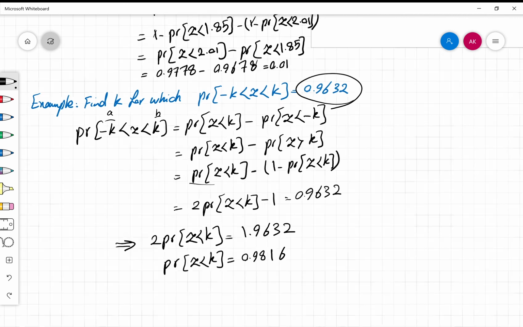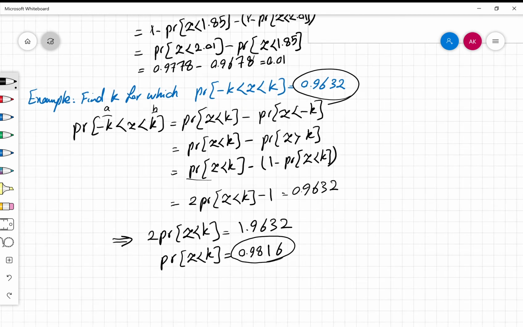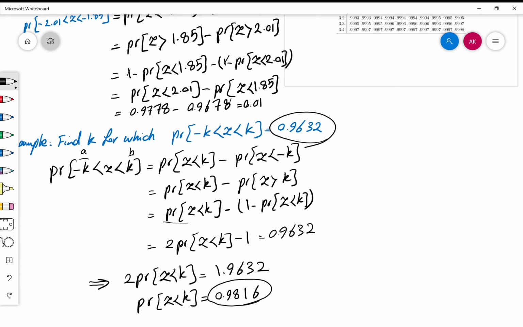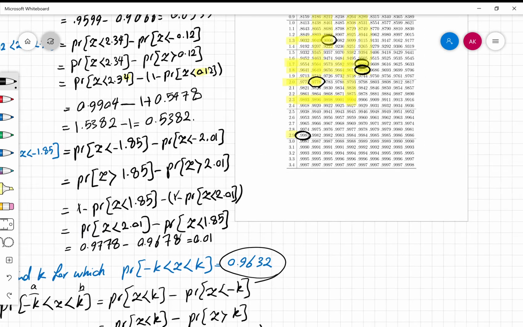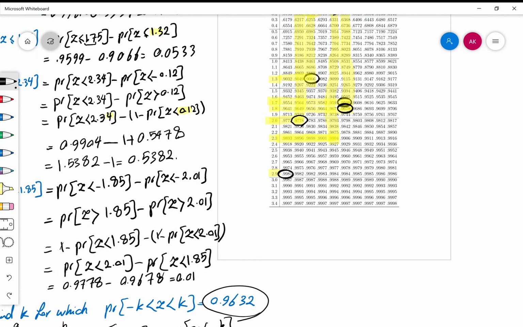Yes, it sounds great. So now I have to go and find k for which this is the probability. 9816 is somewhere here. 9816, please.